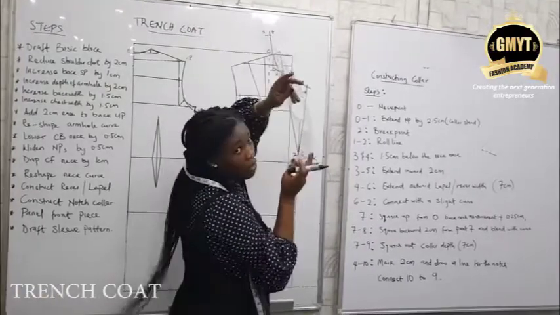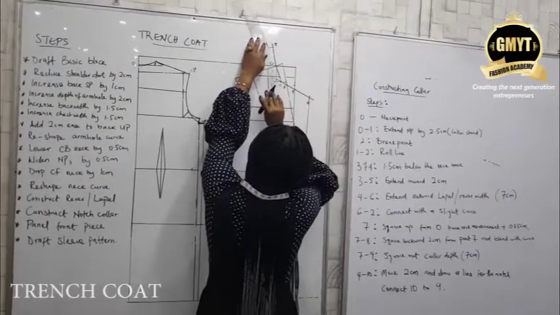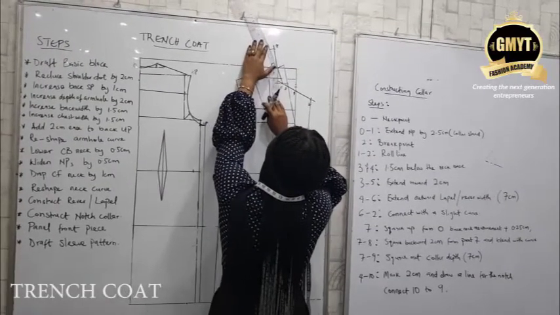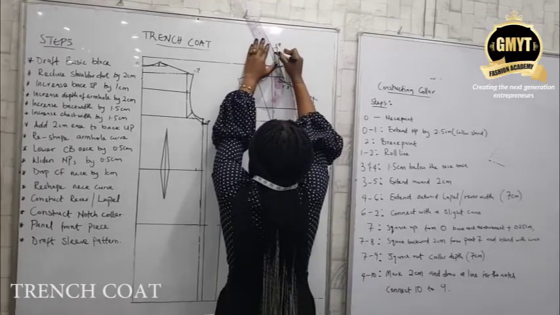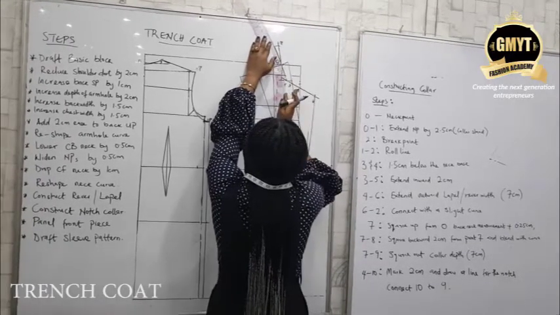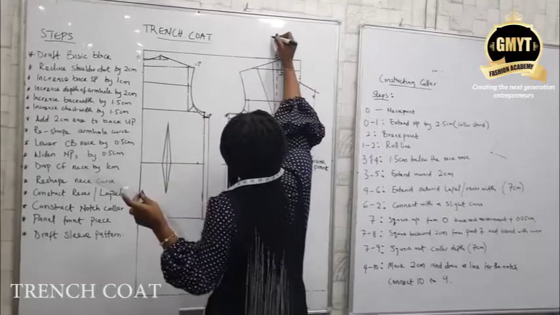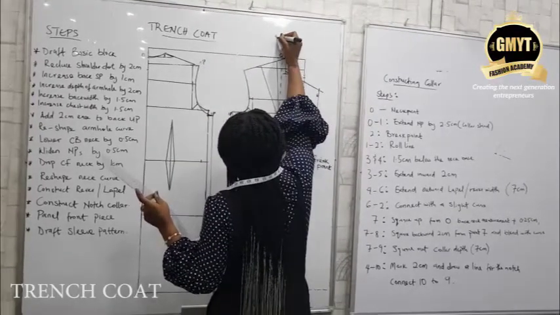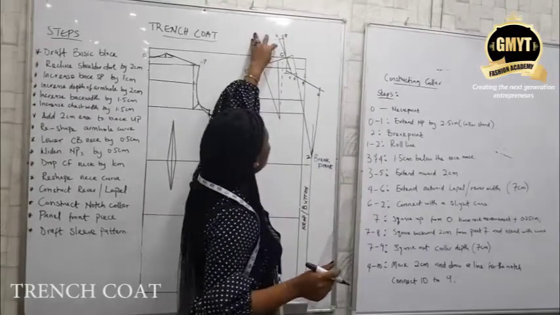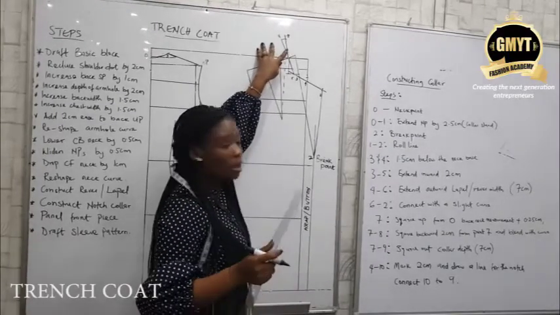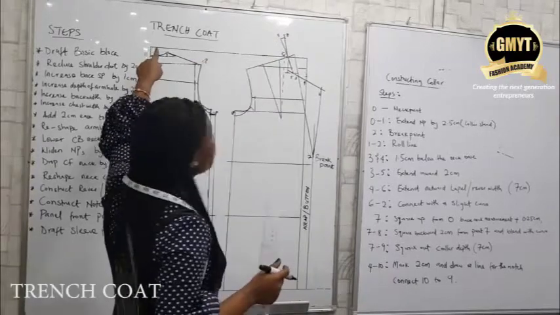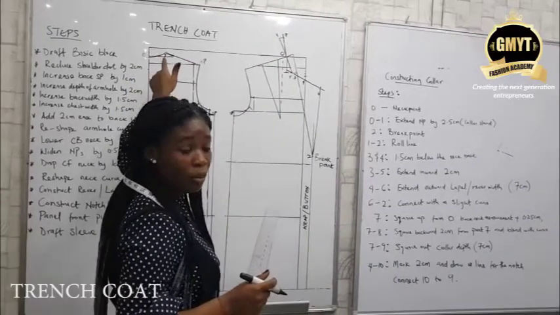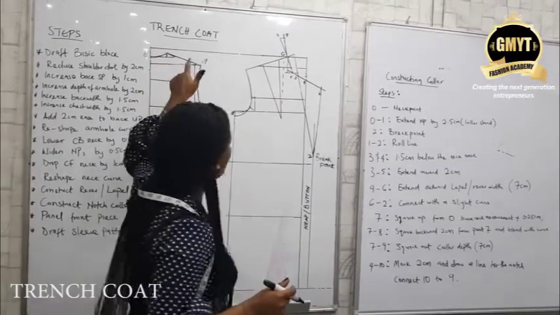So this is how you are going to place your curve. And make sure you measure this line afterwards, and at the same time you still have your back neck measurement.